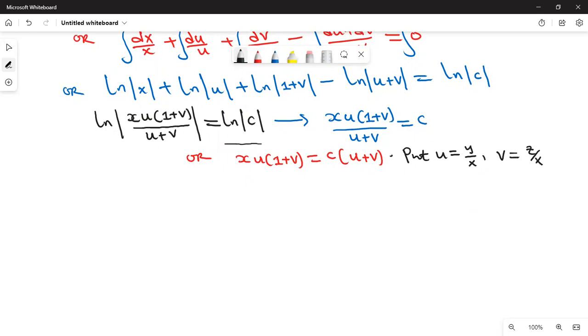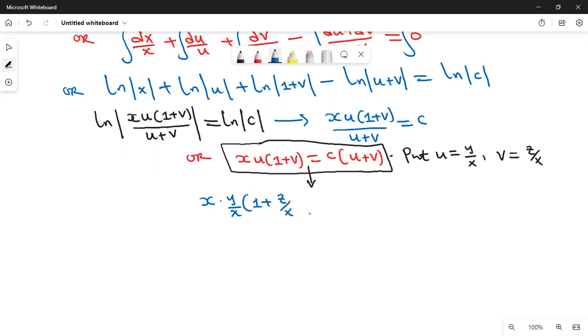Let us substitute them here in this equation. This equation will now be written as x times u, which is y over x, 1 plus v, which is z over x, is equals to c into y over x plus z over x. That's what we have.